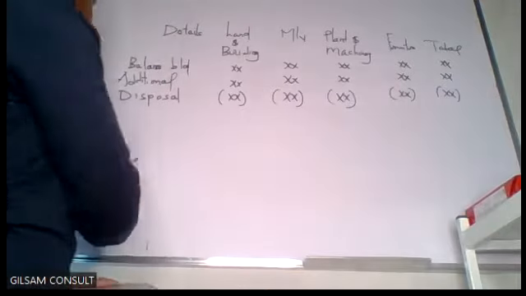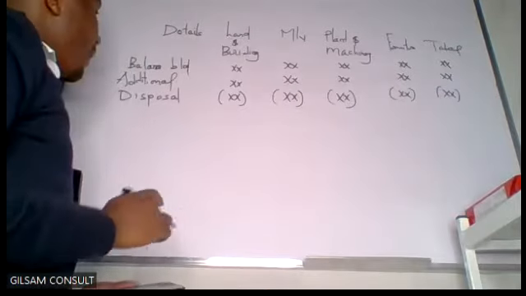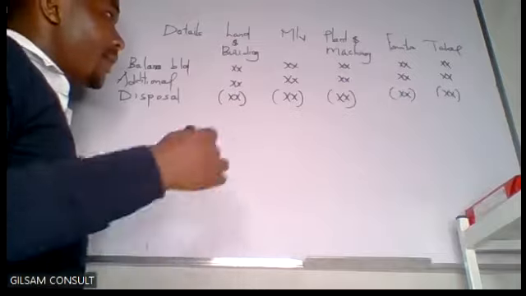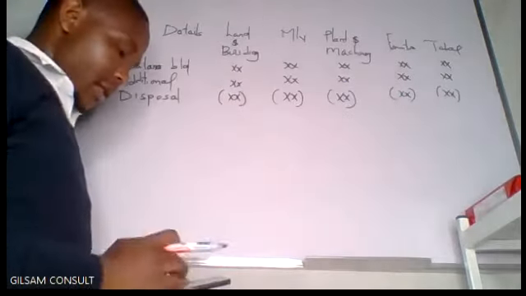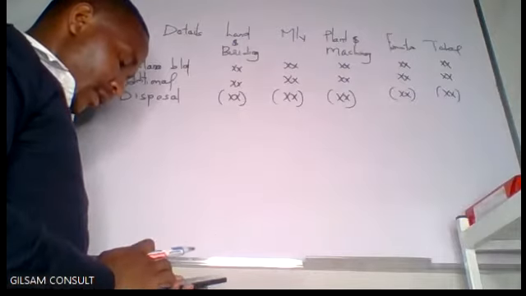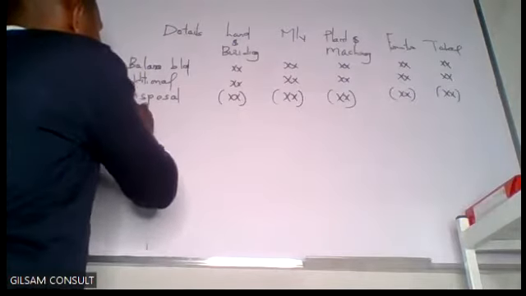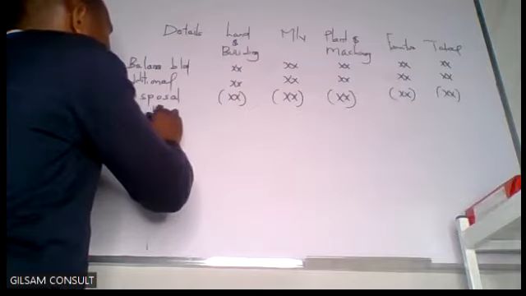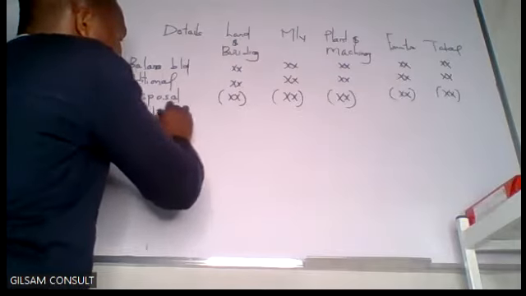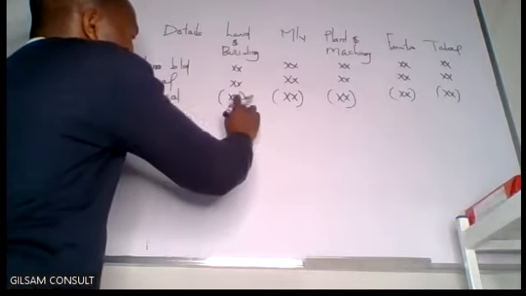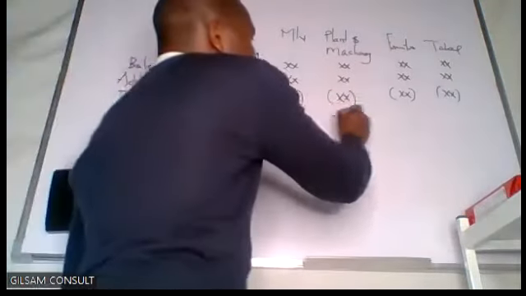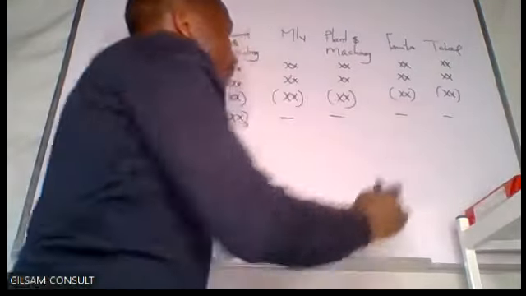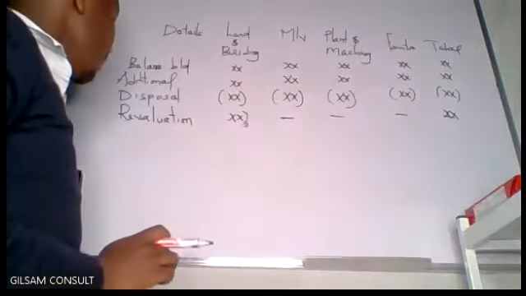Once you have deducted that, then you will look at, is there any revaluation? They want to revalue their assets during the period, so you put revaluation. Then we put the total.